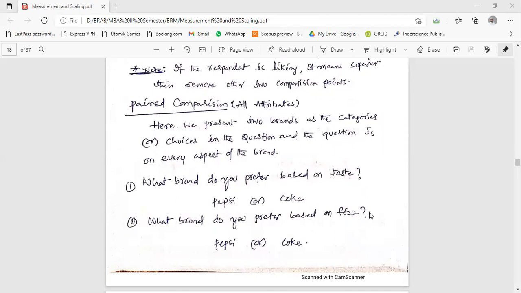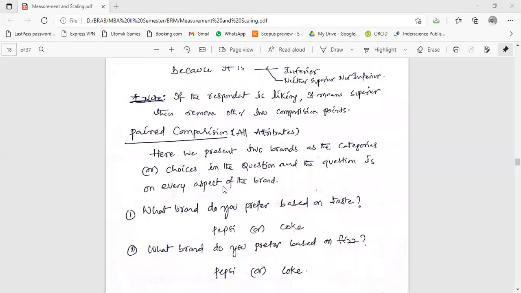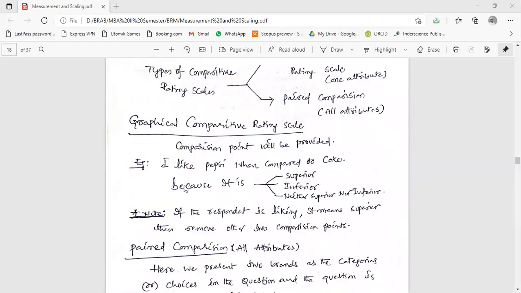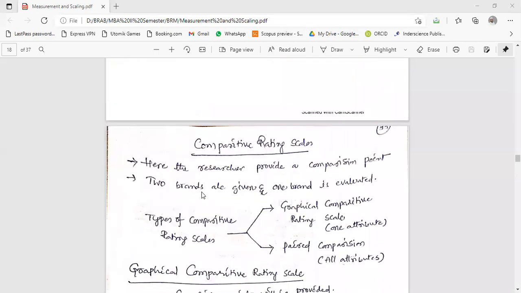You provide all the things: Pepsi, Coke, Thumbs Up, Coca-Cola, Mirinda, 7 Up, right? Everything. So based on taste, which brand do you prefer? You give all the points. Then it will become paired comparison. What brand do you prefer based on fizz? Whether you prefer Pepsi or Coke, fizz content. So this is paired comparison and graphical comparison.